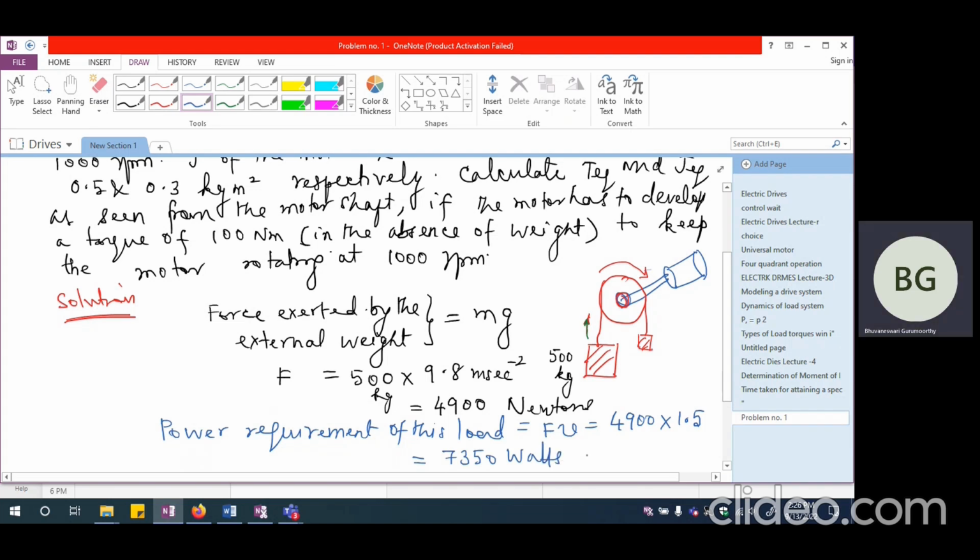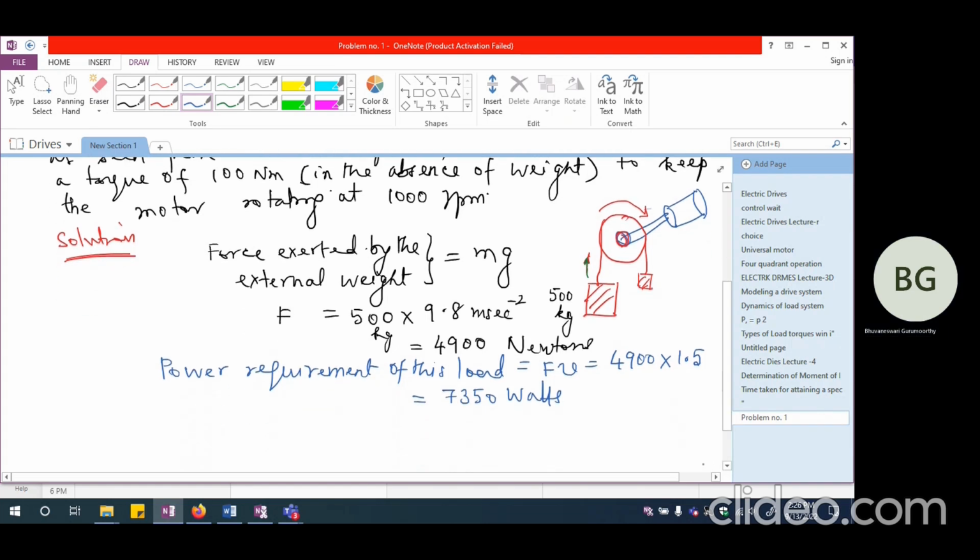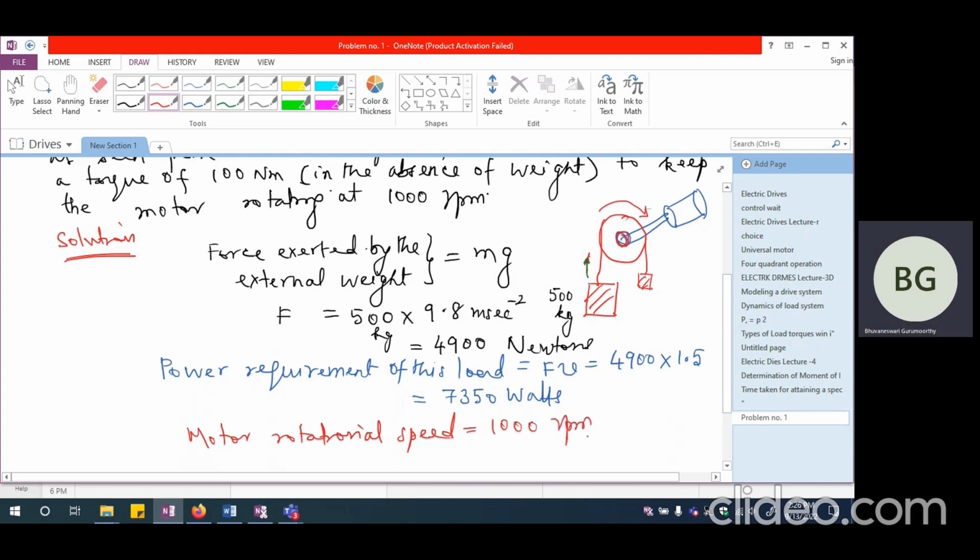So this is the power that is required by the load when it is to be lifted. Now, we said that the motor is rotating at a speed of 1000 rpm. Because it is rotating at a speed of 1000 rpm, we can calculate radians per second because we ultimately require the power, and power is going to be T multiplied by omega.